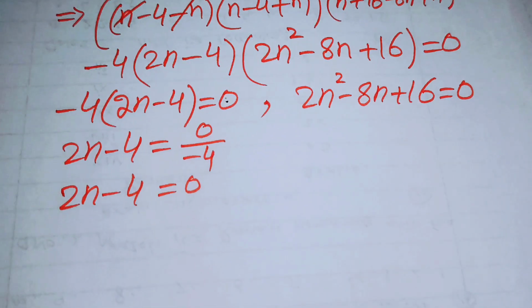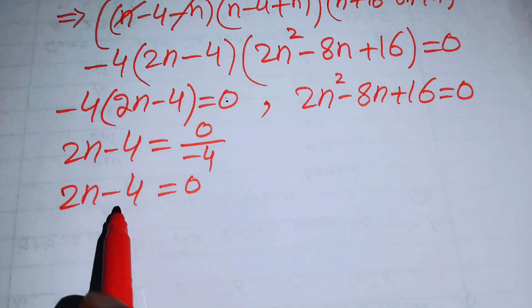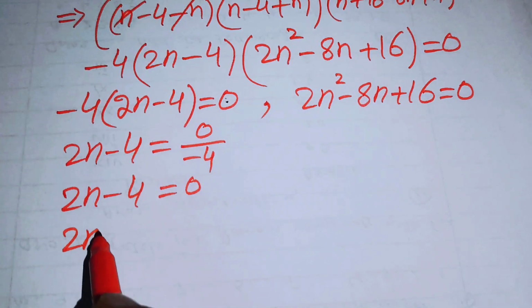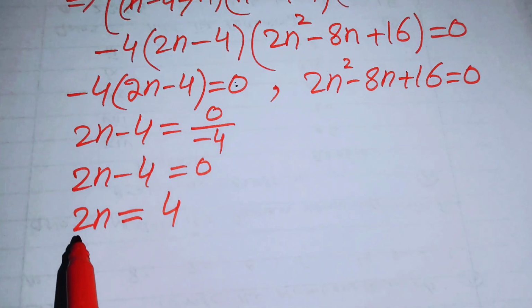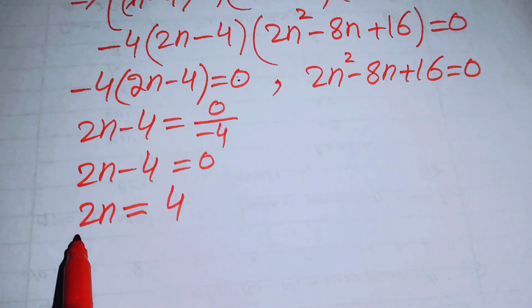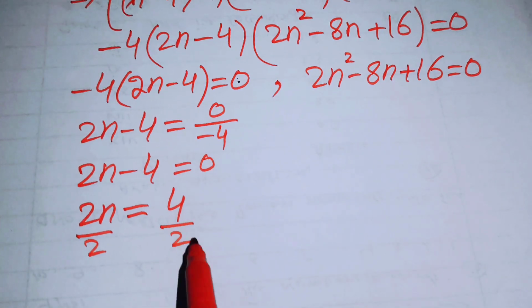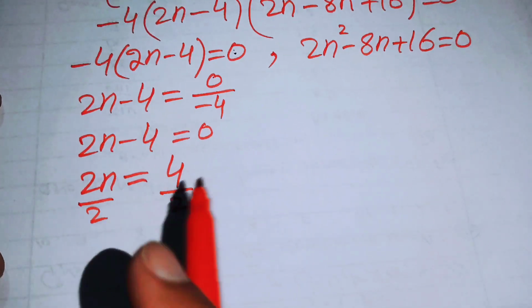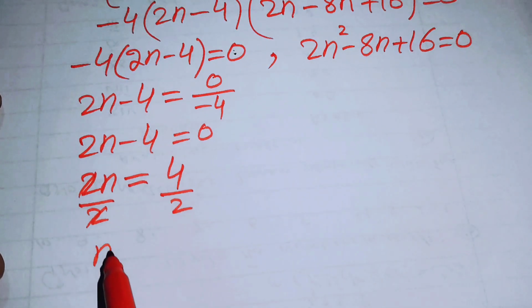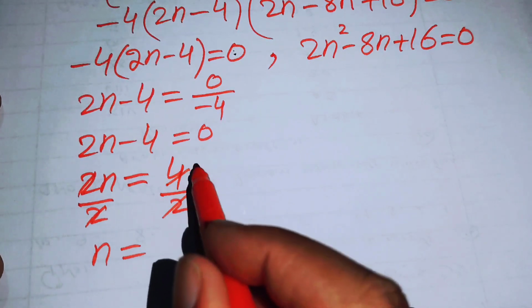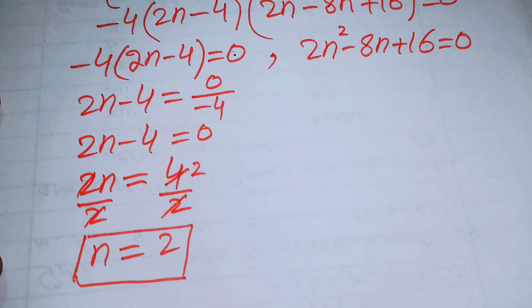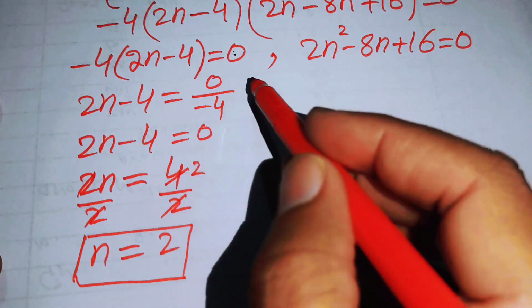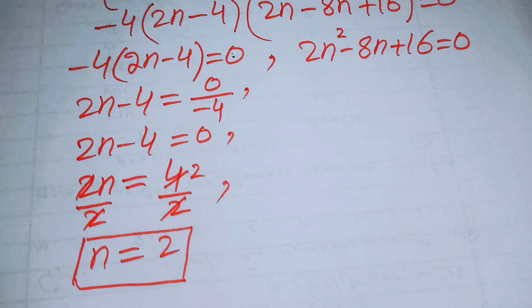And in order to find the value of n, we move this minus 4 to the right hand side, and you will get 2n is equal to 4. Now we divide both sides by 2, and you see that these 2s are cancelled, and we get n is equal to, 2 2s are 4, so you get n is equal to 2. So this is our first real root of this problem.